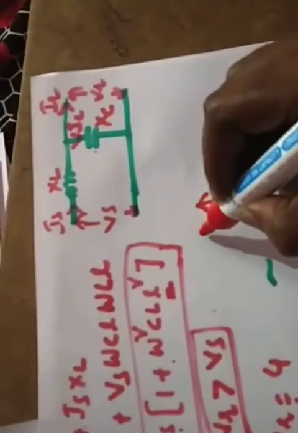So what about the current? The capacitance current leads by an angle of 90 degrees. So we can call this the capacitance current IC, because VR is across the capacitance, and the current leads by 90 degrees.